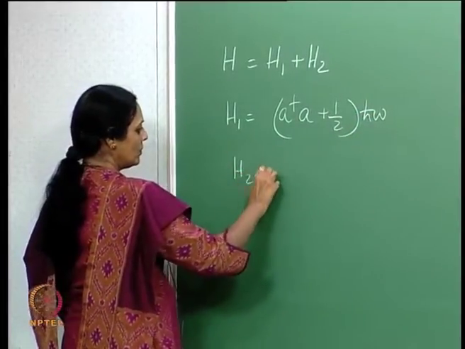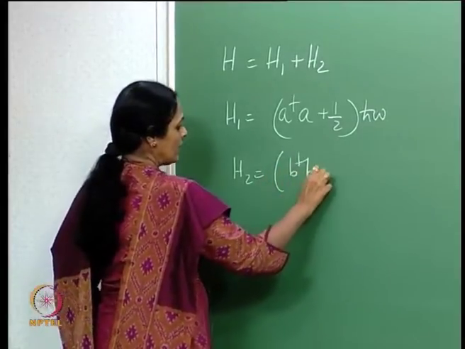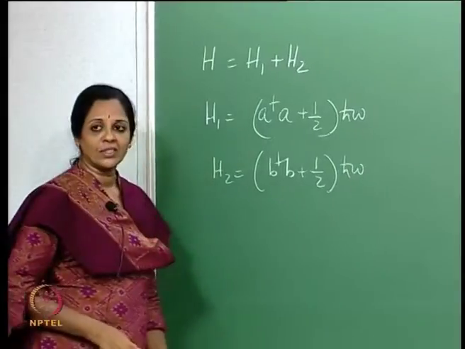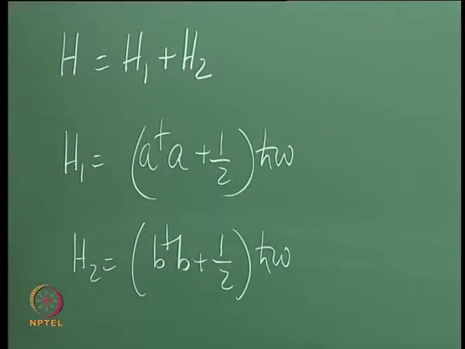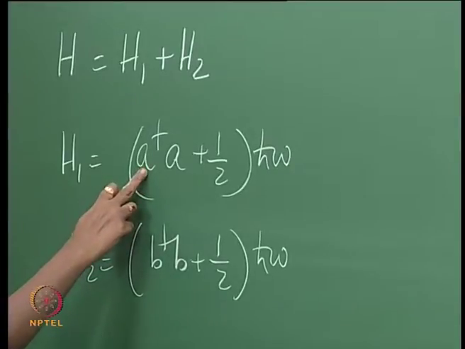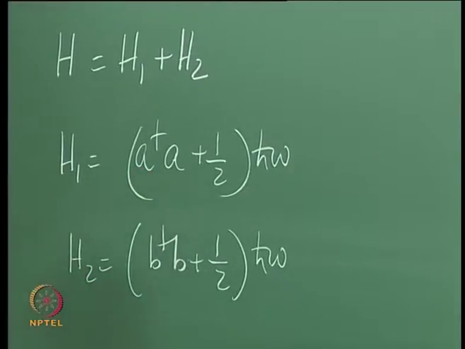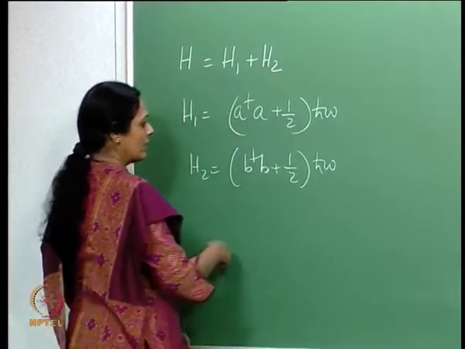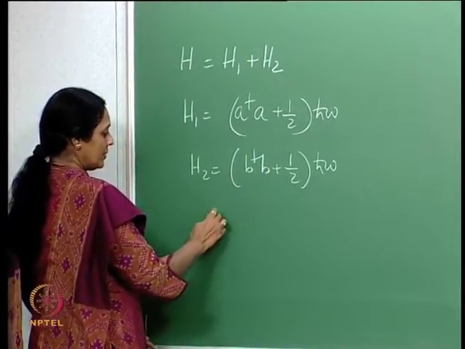Similarly, H2 is b dagger b plus half h cross omega. The number operator corresponding to the first oscillator is a dagger a, and the number operator corresponding to the second one is b dagger b.